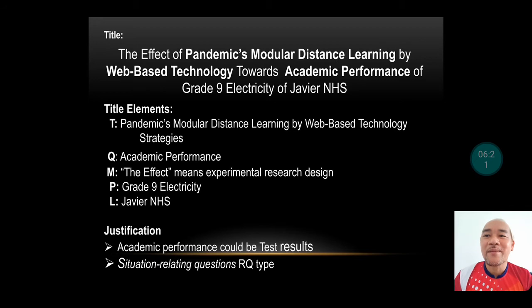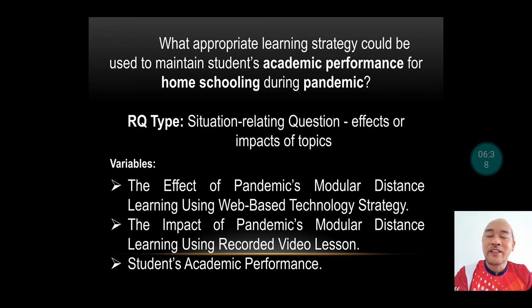So what elements do we have here? As we said, the topic. The topic here is the pandemic modular distance learning by web-based technology. Because the RQ contains a strategy, or it is asking about, going back to this, an appropriate learning strategy.